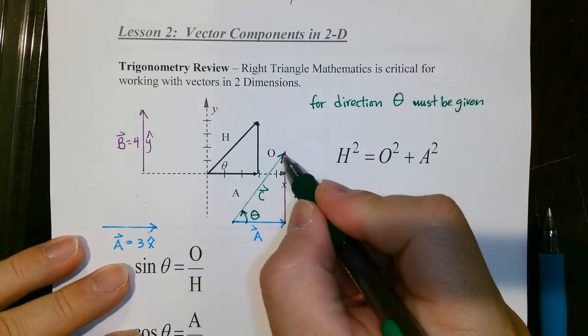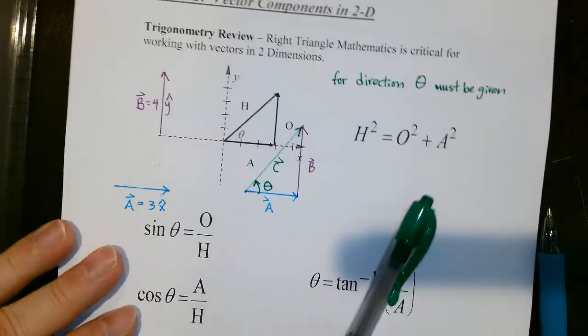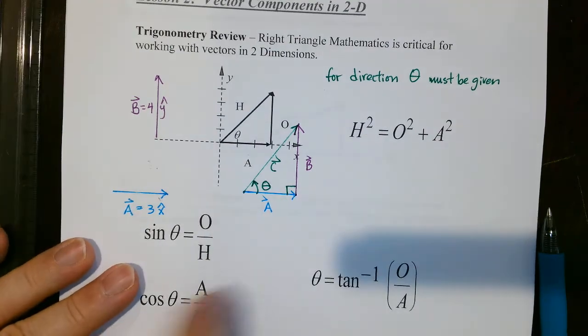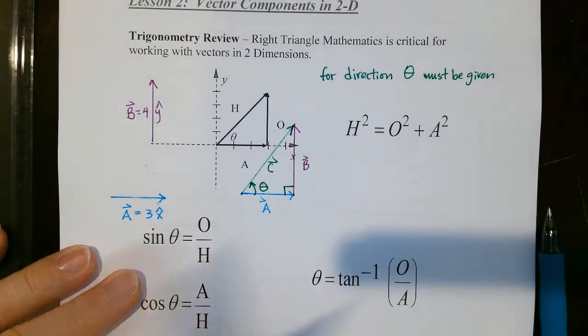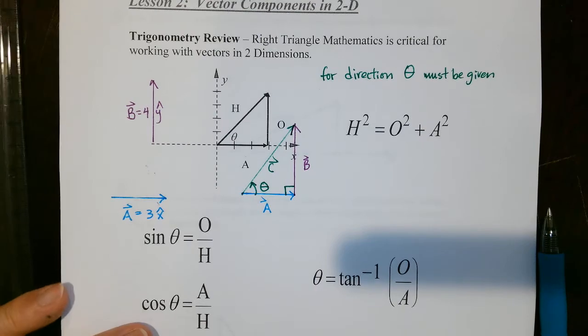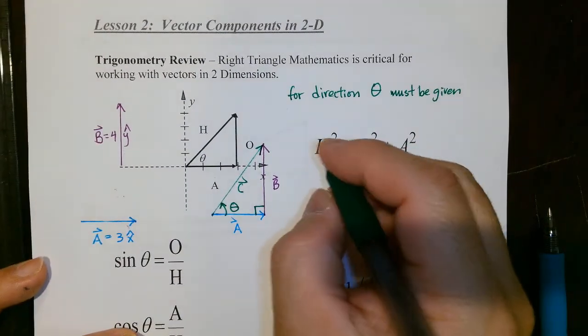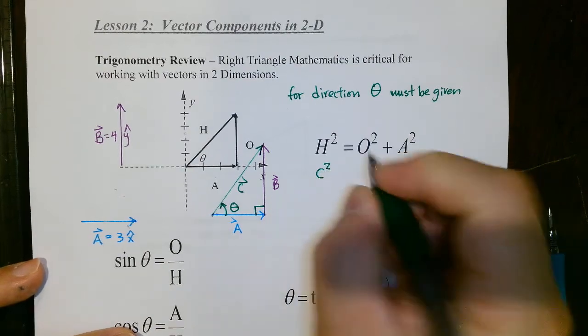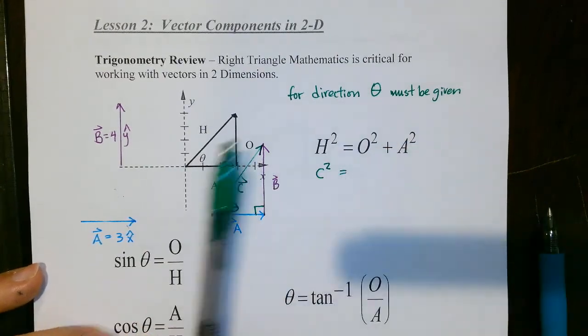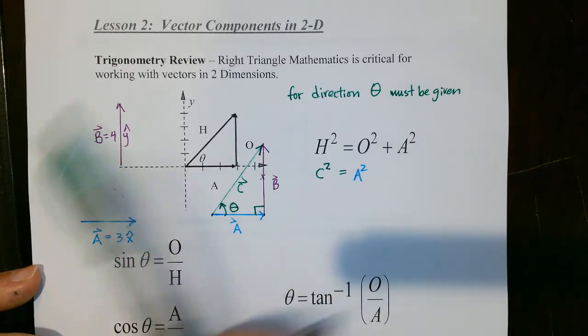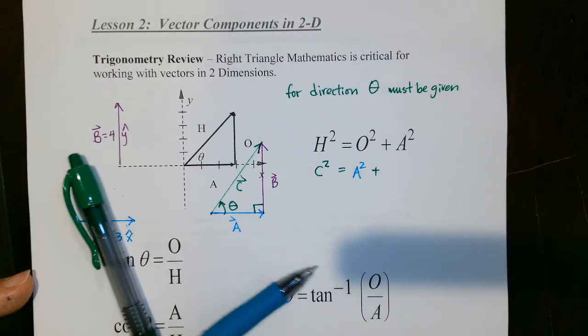So how do I calculate the magnitude? Well, this looks like a right triangle because x and y are perpendicular to one another. So we can simply say c squared is equal to a squared plus b squared.